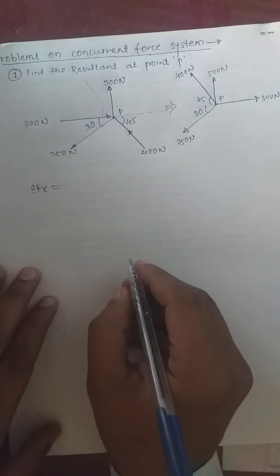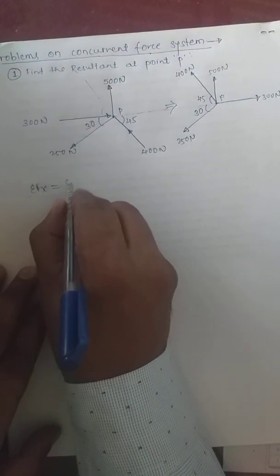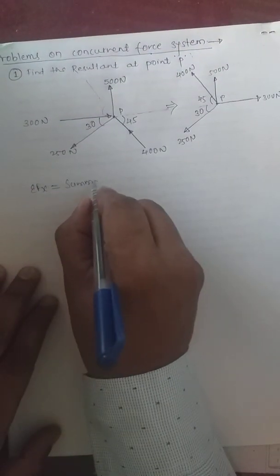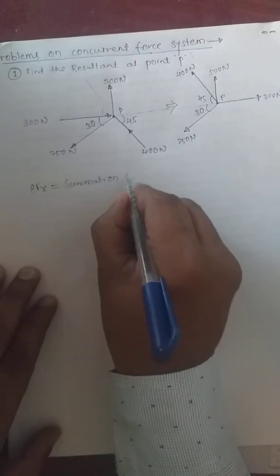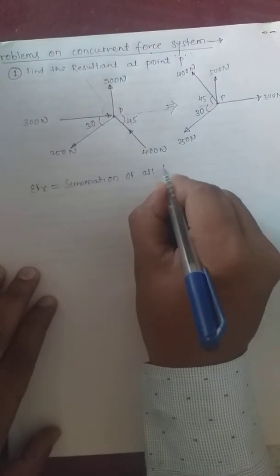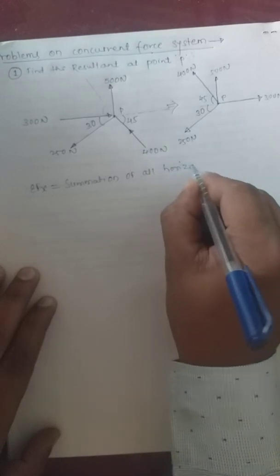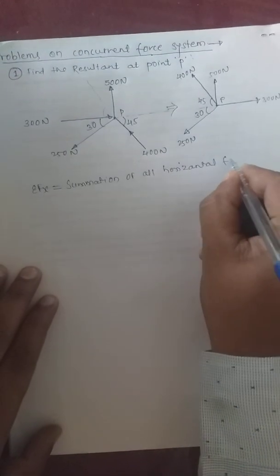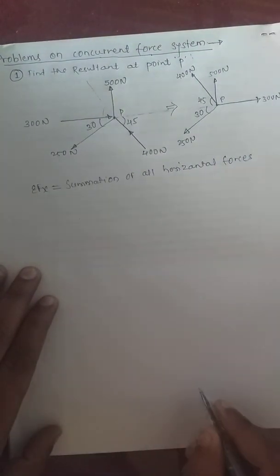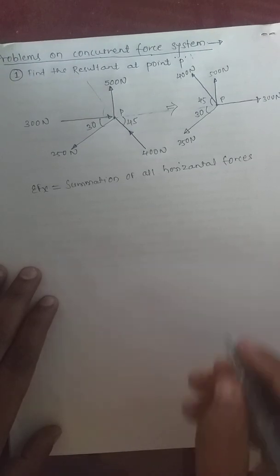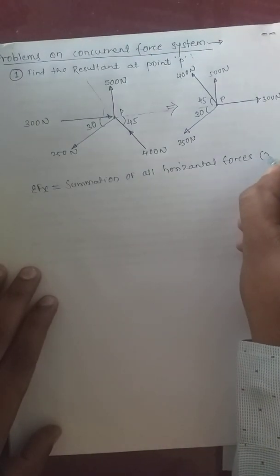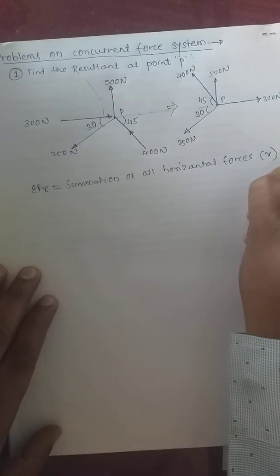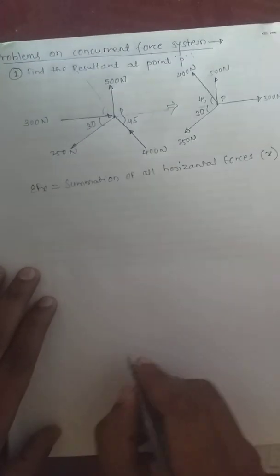Summation of F of x is nothing but the summation of all horizontal forces, that means along the x-axis.